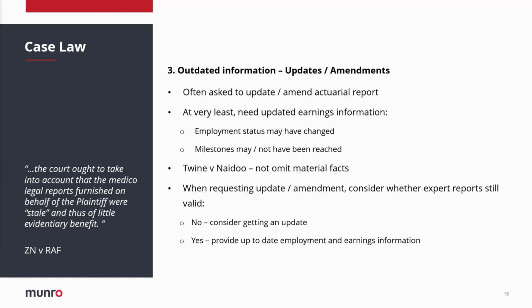If the expert reports are still valid, please just consider if there's any change in the person's employment status or earnings information that will help us to give you a more updated, more relevant actuarial calculation. And ultimately, making the effort to ensure information is updated will reduce the risk of claims being dismissed or arbitrarily reduced by judges. This should work in your favor.